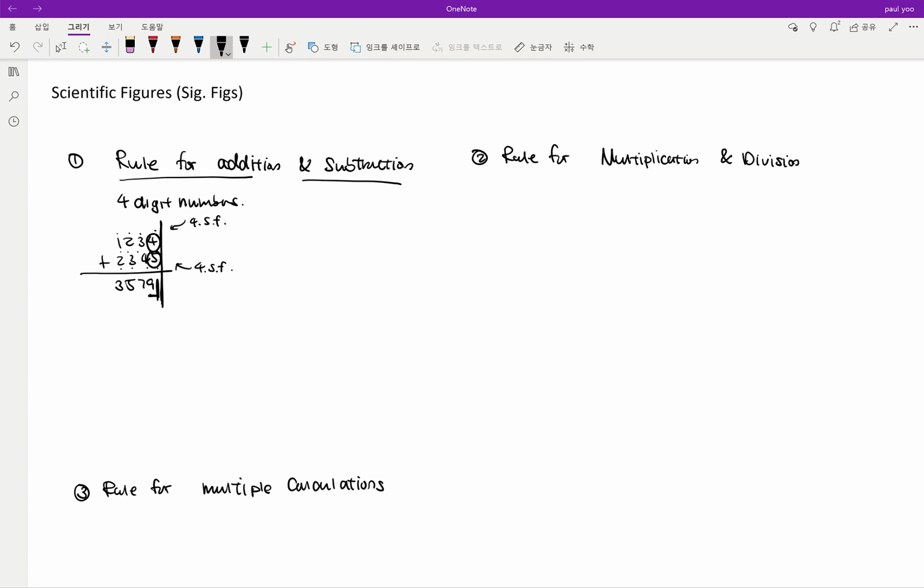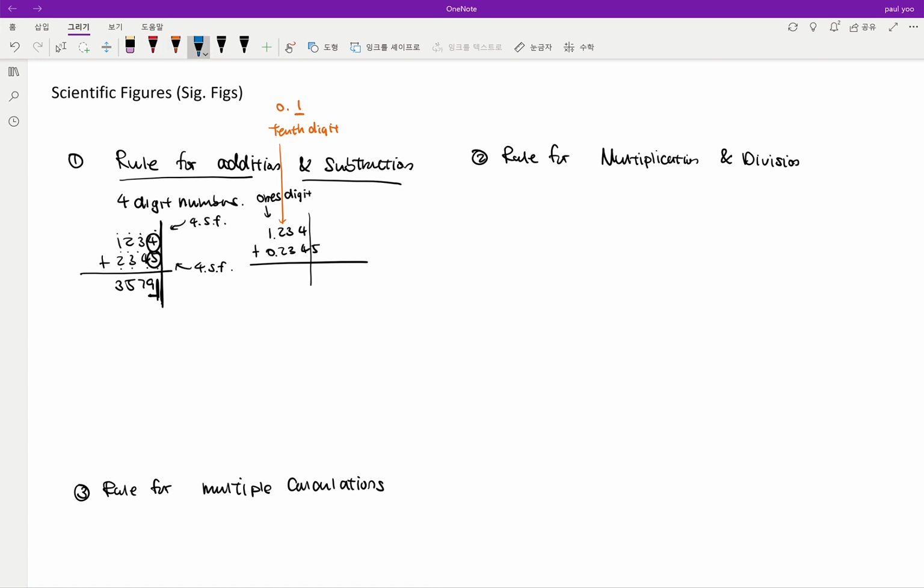So let's say we are given 1.234 plus 0.2345. Now in this case, the top number has up to 4, which is the 1's digit. And the number 2 is called the 10th digit, the 0.1 place.